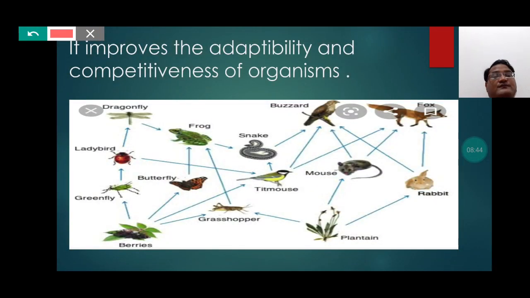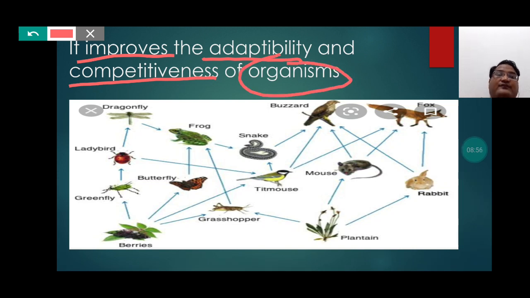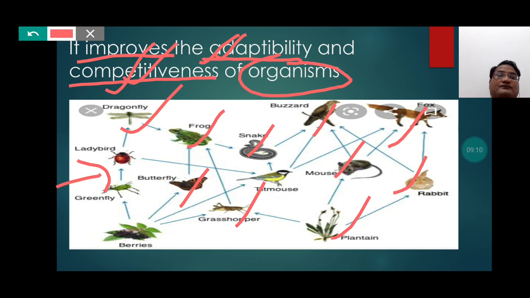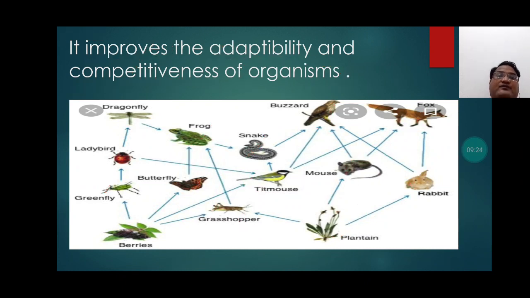So students, food web improves the adaptability and the competitiveness of the organisms. Here you can notice that the adaptability of the different trophic levels increases, and even the competitiveness among the organisms also increases due to the huge number of food chains which are interconnected with each other.